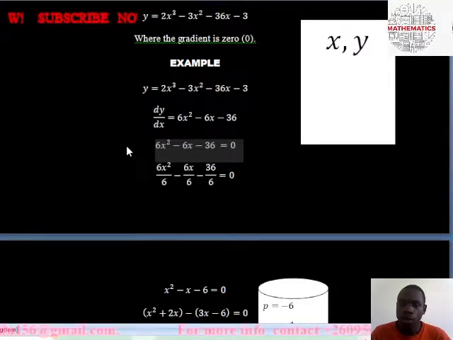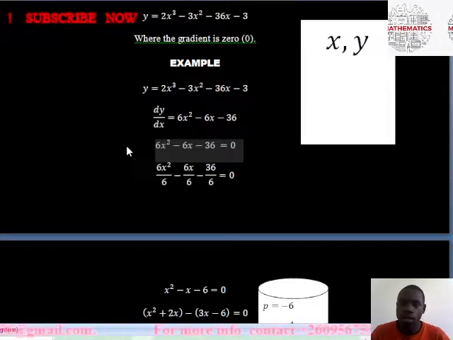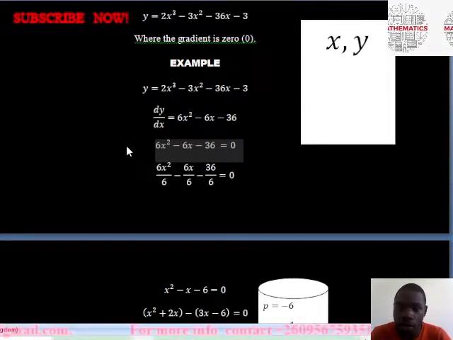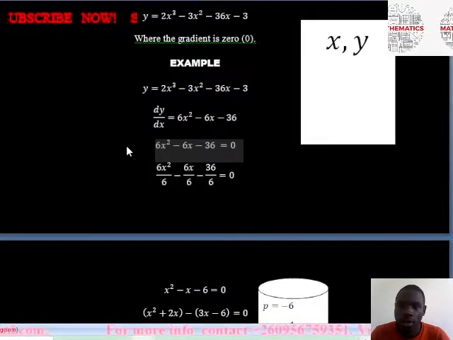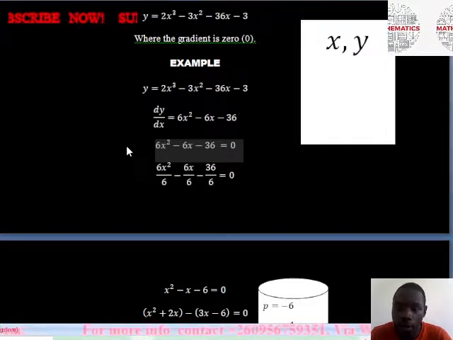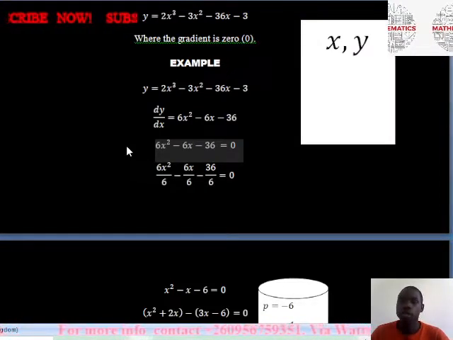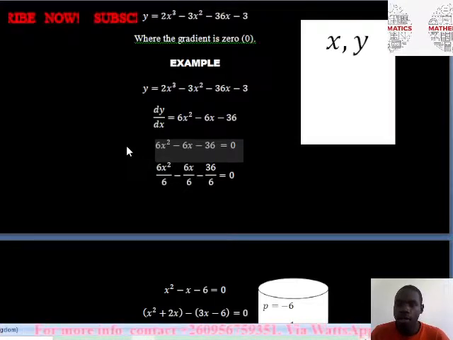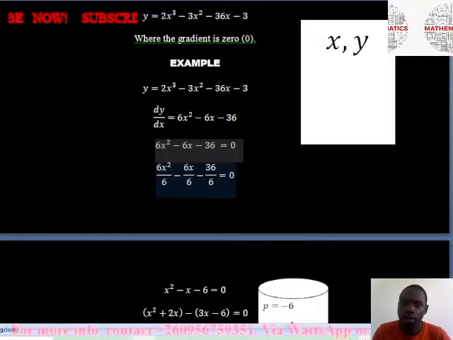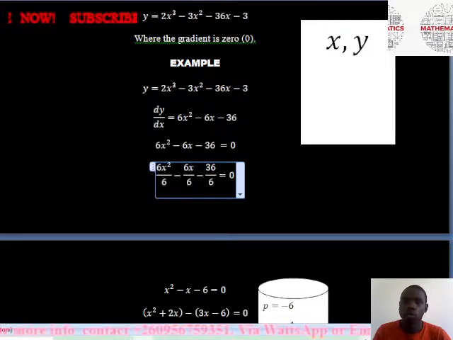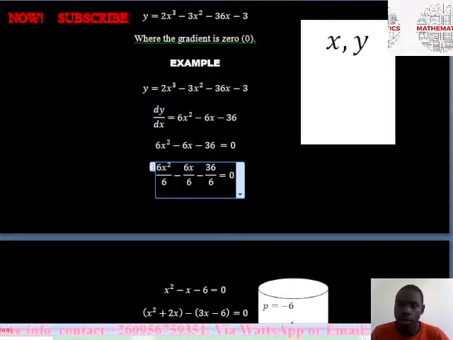Now after transforming it to that, you can see that there's a number which can go into 6x squared, 6x, and 36 without leaving a remainder. What I'm doing here is just to make it as simple as possible.